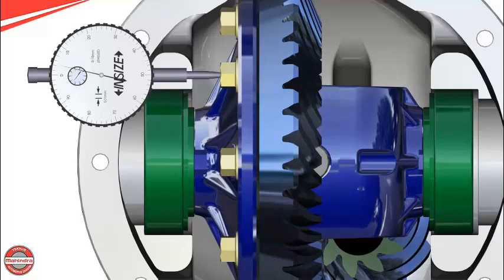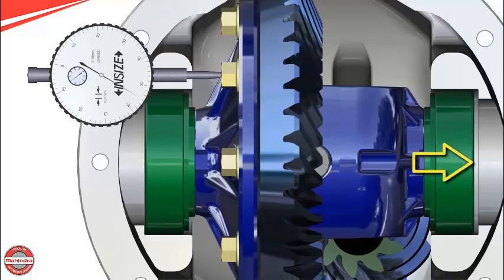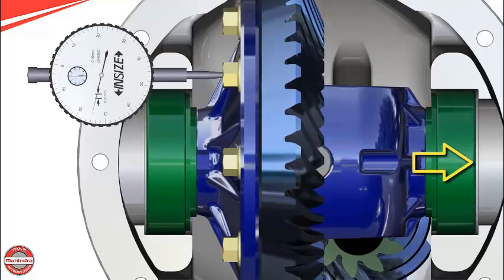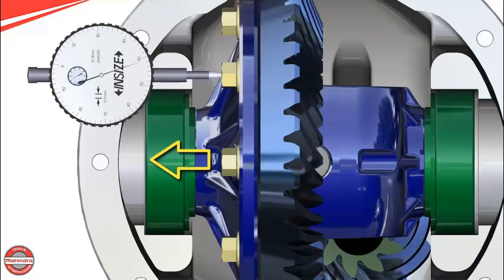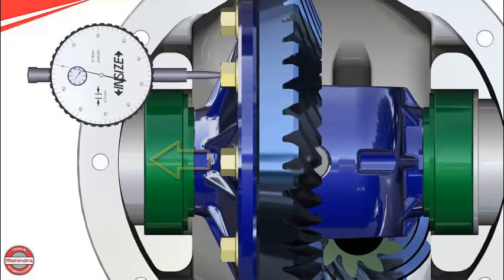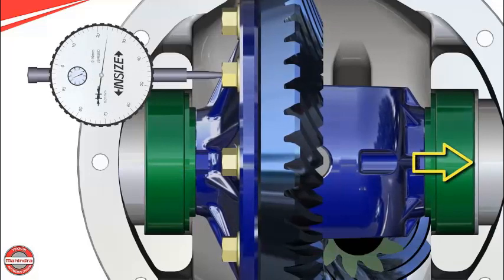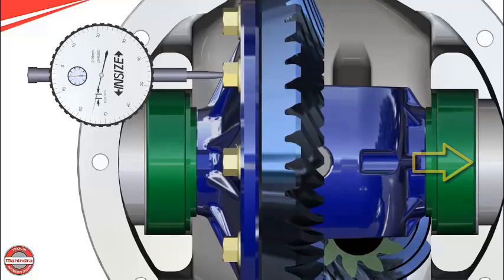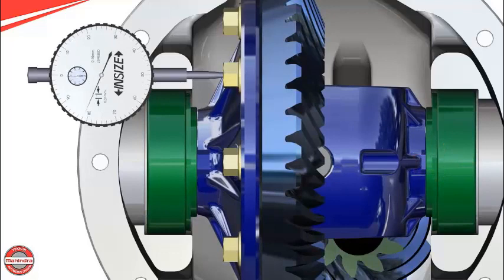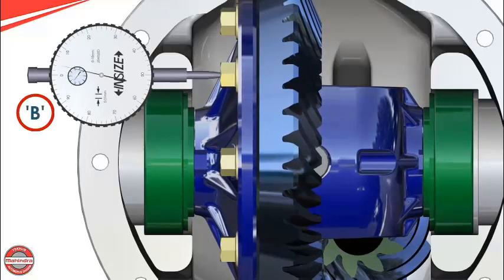With force still applied, set indicator at 0 in the dial. Force differential case assembly and ring gear towards pinion gear to measure left hand side travel. Repeat these steps until we get the same reading for left hand side travel. Note down this reading of left hand side travel with ring gear as B.